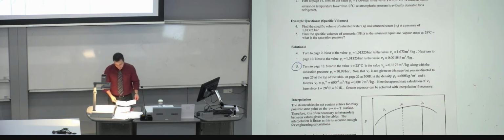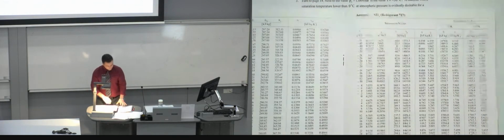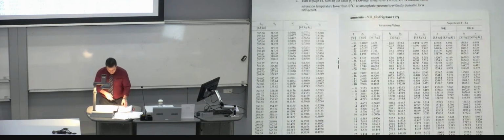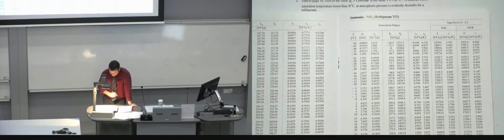Now, because we're dealing with ammonia, we've got to go to page 13. If you go to page 13, that's where we have ammonia. The temperature which we want to find is 28.